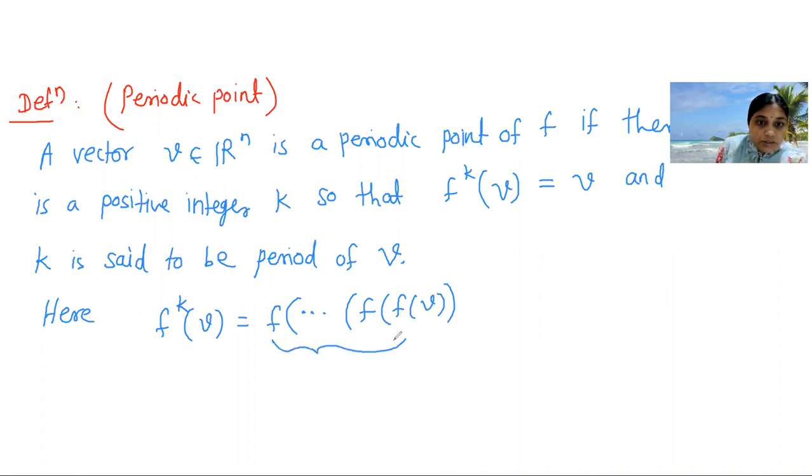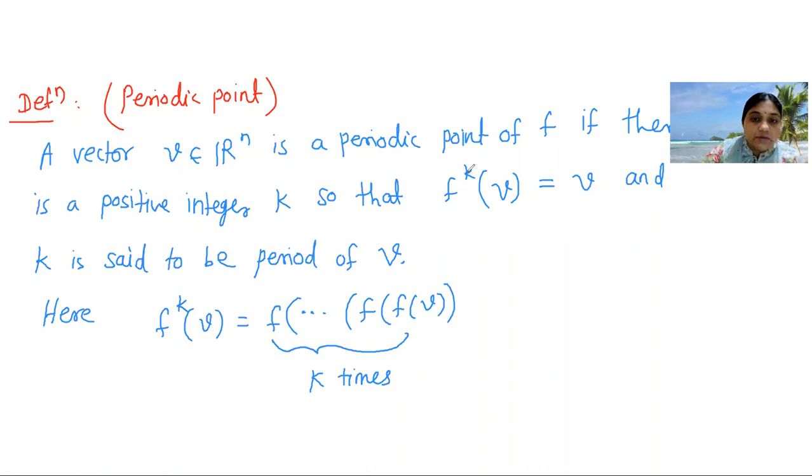So what is a periodic point by this definition? If there exists some positive integer k for which f raised to k at V is equal to V, then that k is said to be the period of V. Here f raised to k at V is nothing but f operated k times on V. Is that okay?